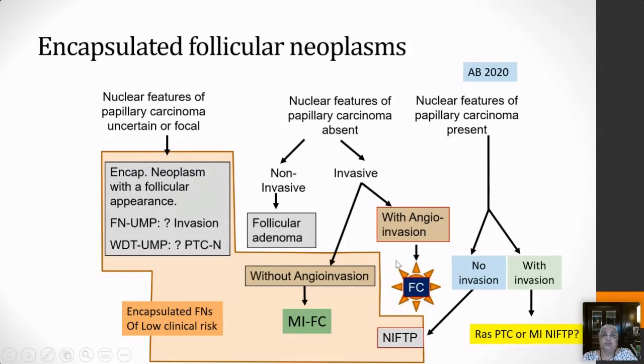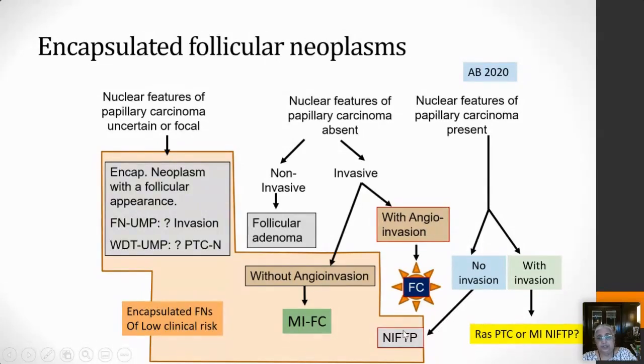My 2015 cartoon has become a cartoon in 2020, in which what was EFVPTC is now NIFTP, when you had the nuclear features of papillary thyroid carcinoma present in an encapsulated follicular neoplasm. If there was no invasion, it is now NIFTP. With invasion, I don't know what we are going to call it or what they're going to recommend we call it.